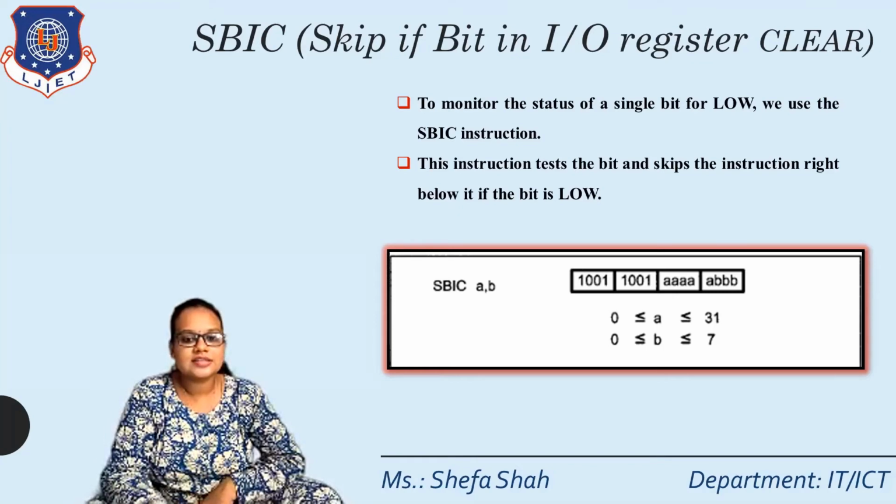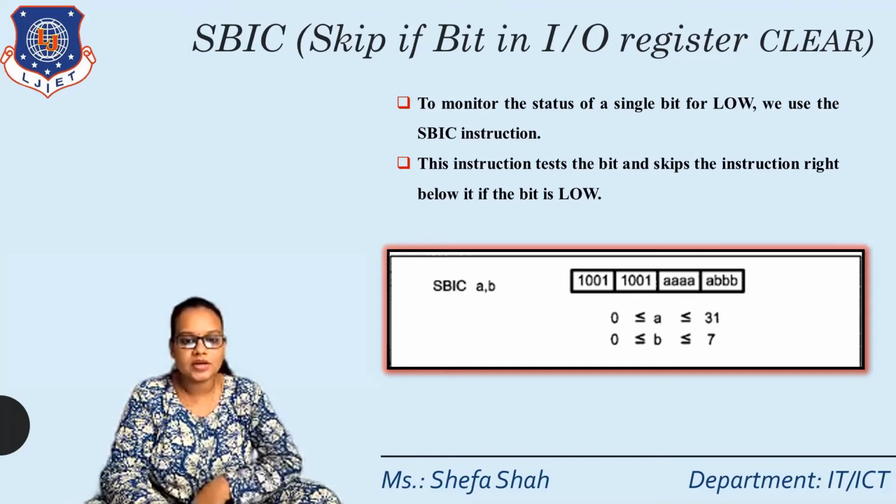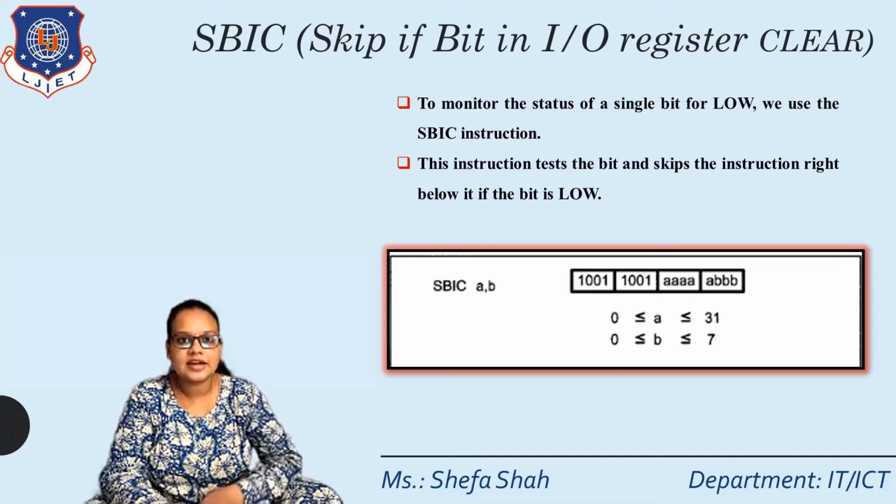The syntax is the same, SBIC A comma B, where A stands for the port, either A, B, C or D, and B stands for the bit number, from 0 to 7. So to monitor the status of a single bit for low, we use the SBIC instruction. This instruction tests the bit and skips the instruction right below if the bit is low.